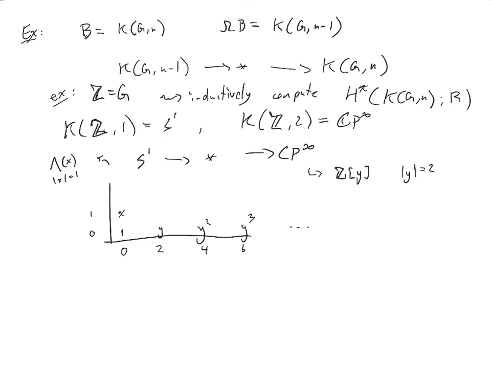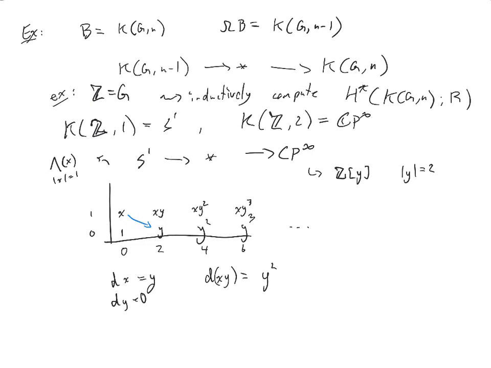is the degrees, and since everything needs to die in this page, you can learn that x had better go to y, and then as you kind of fill in the page, you discover, oh, there has to be an element xy here, there has to be an element xy squared by multiplicativity, xy cubed, etc. And knowing the differential dx is y is going to imply by Leibniz that d(xy) is y squared, because also dy is 0.